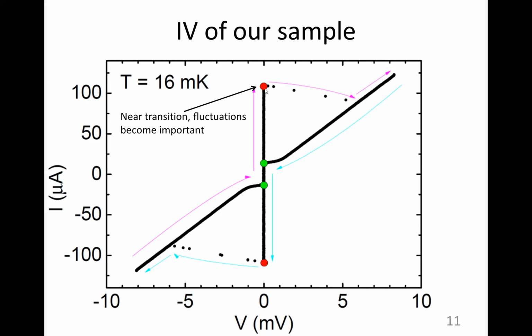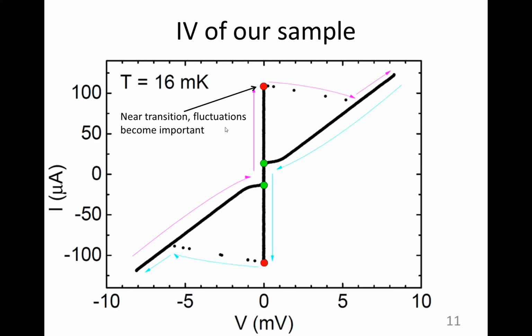And upon exceeding some current, we transit from the superconducting state, this vertical superconducting branch, to the normal state that is characterized by a slope with non-zero voltage drop, or non-zero resistance.